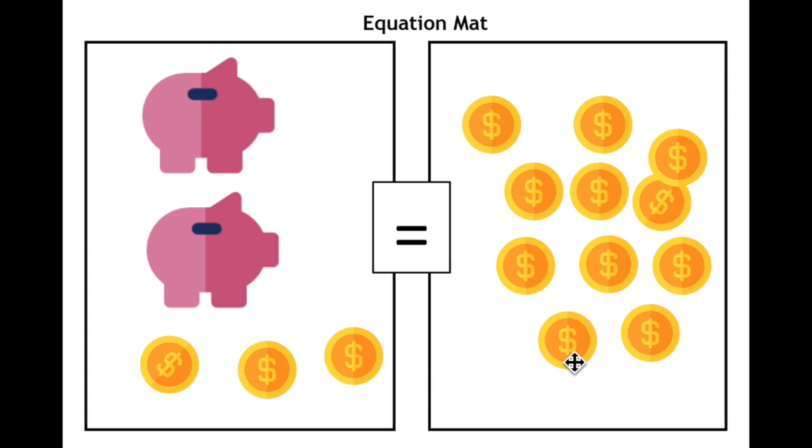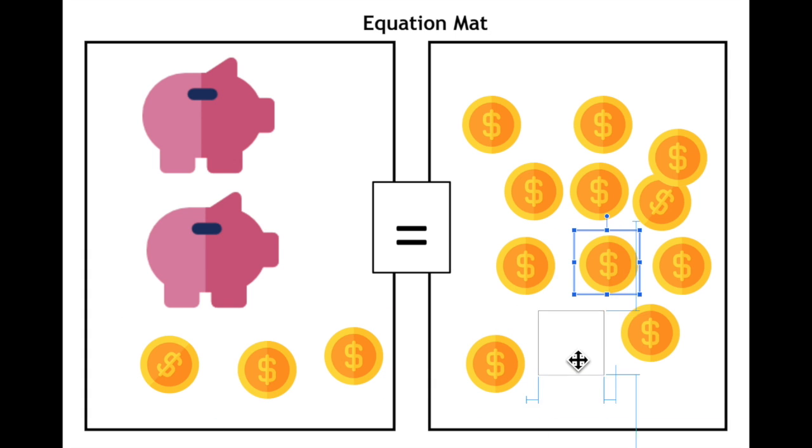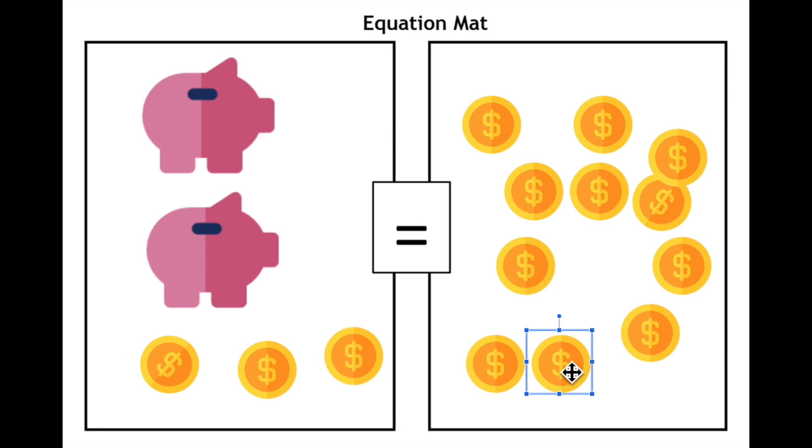So what I'm going to do is I'm going to get those 3 extra ones. Do you know what I'm going to do yet? Okay. Yeah. I'm going to get these 3 extra ones because I just want to know how much is in one piggy, right? And these guys are just extras. But it has to be balanced because what's on this side has to remain the same as what's on this side.